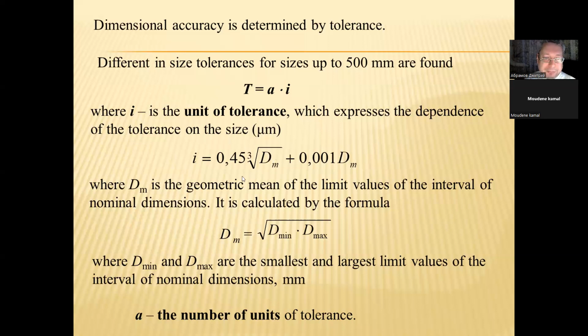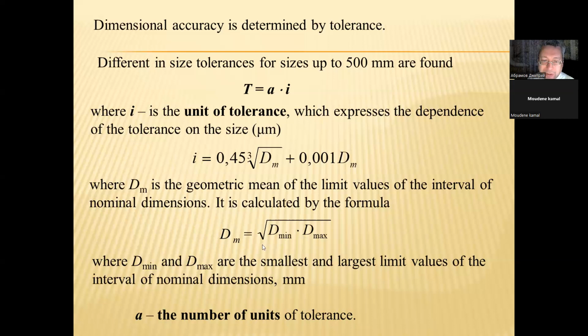In this formula, D suffix M is the geometric mean of the limit values of the interval of nominal dimensions. It is calculated by the formula.